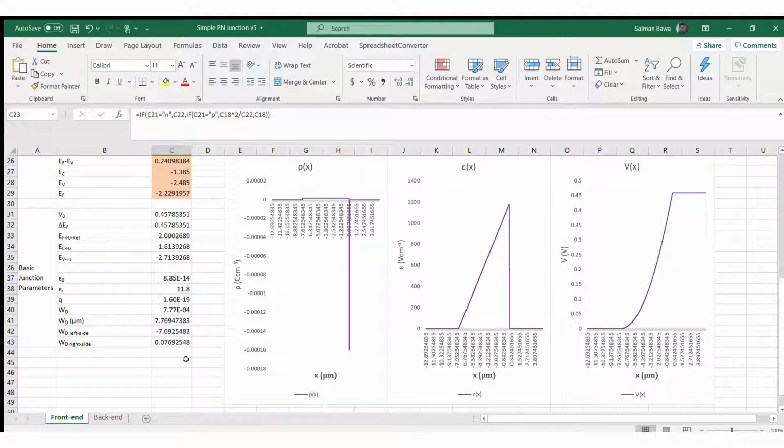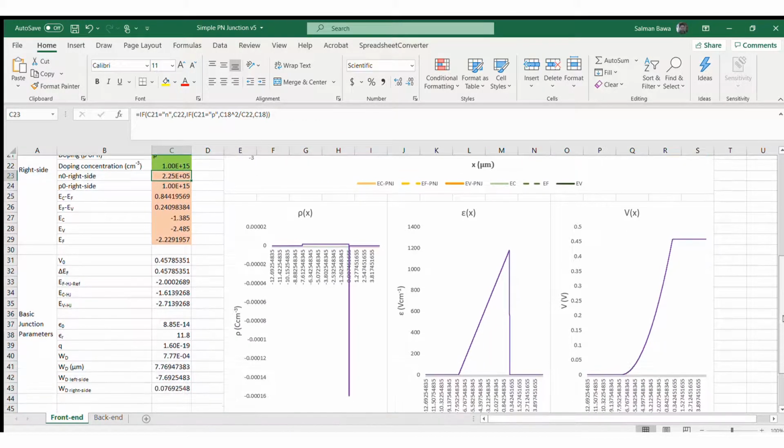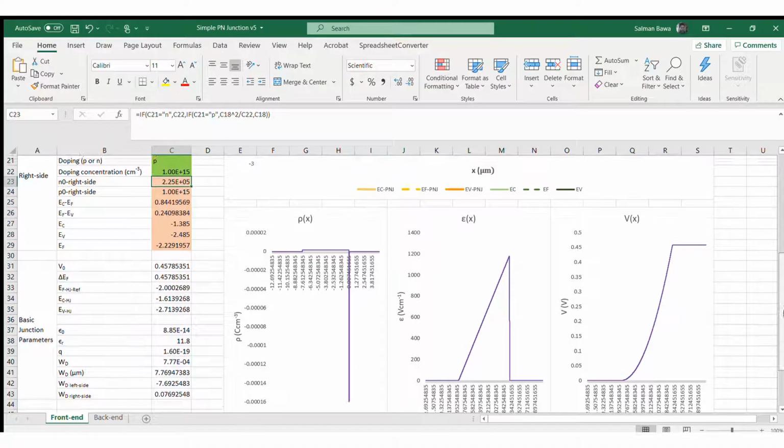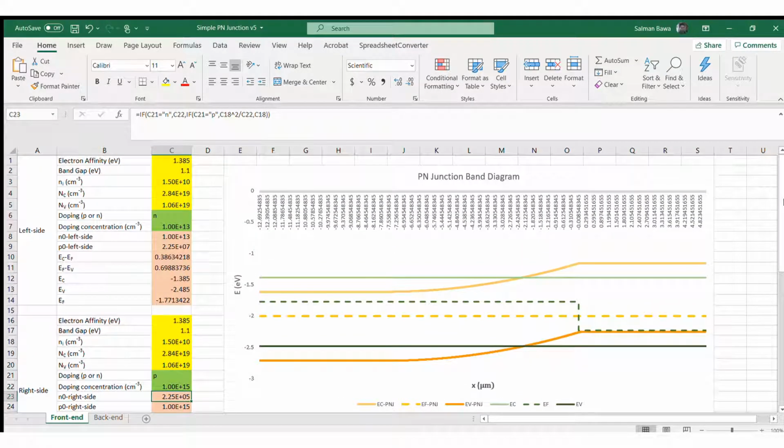And so those points would miss out in the electric field and the potential, possibly causing errors in the final outcome of the band diagram. But as long as the width of the depletion region is greater than 0.01, the graph gives a good appreciable shape of the band structure.